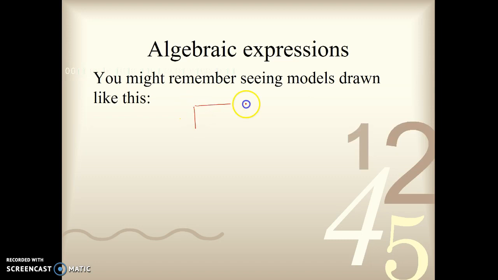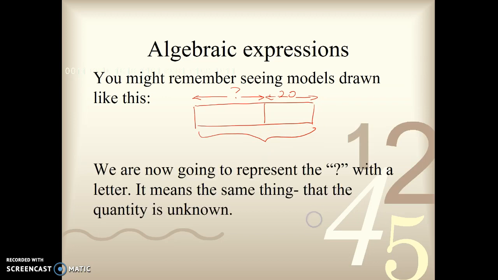You might remember seeing models drawn like this in the past, where maybe this portion equaled 20 and you didn't know this portion. And usually you probably would have been given a total for the whole. What we're doing in algebra is, instead of representing that unknown portion with a question mark, we're going to represent it with a letter.